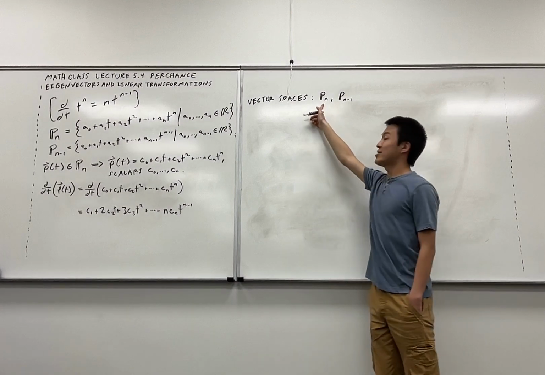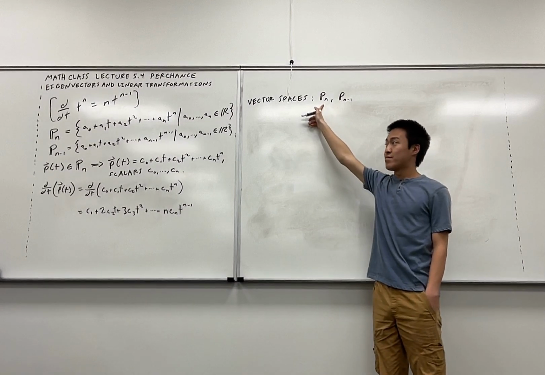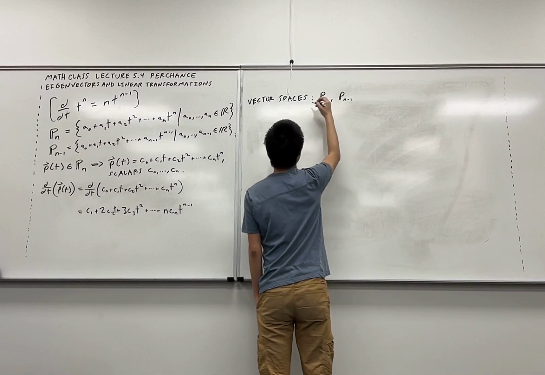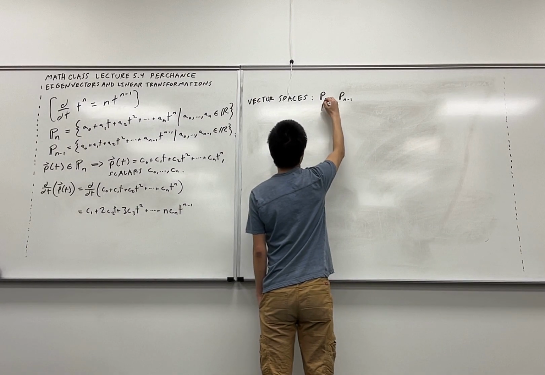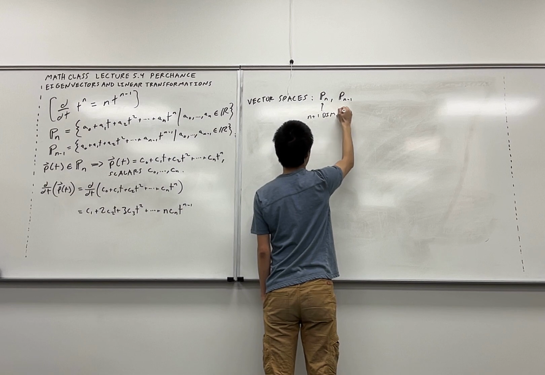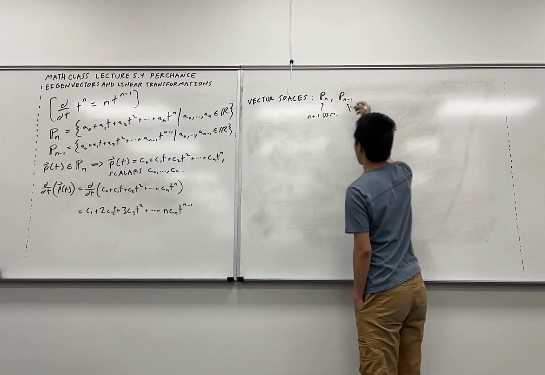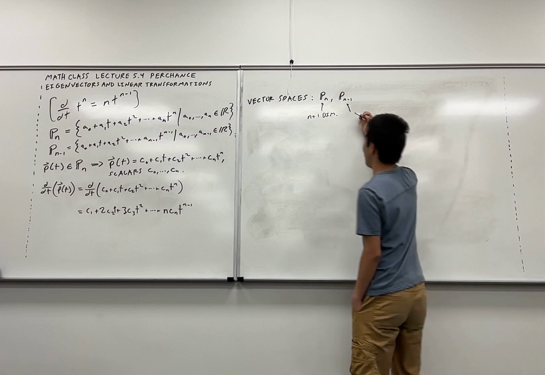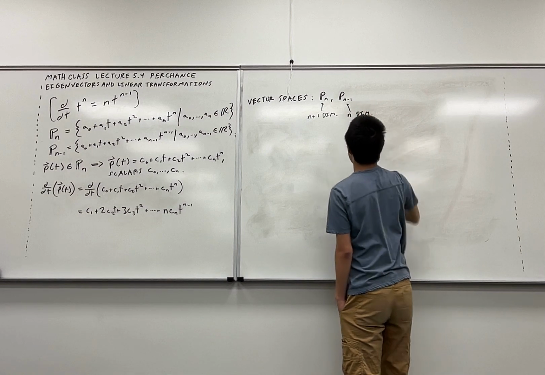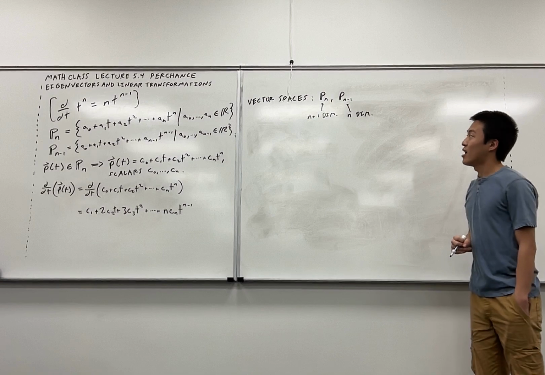Okay, how many dimensions does Pn have? Tempting, isn't it? Plus 1. So this is n plus 1 dimensional. And this one has how many dimensions? n dimensions.